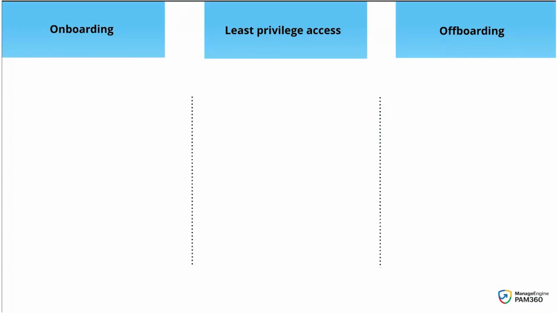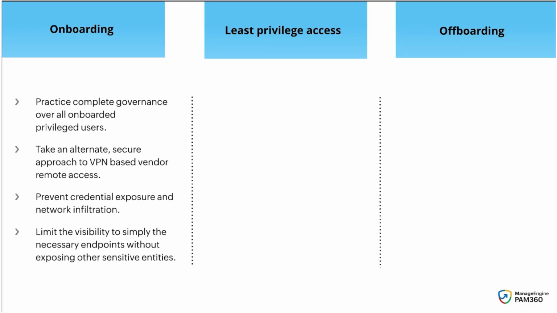And what you've achieved by performing these strategies of privileged access management, and hence creating an ideal employee access workflow, right? In terms of onboarding, we've now practiced complete governance over all onboarded privileged users, right? Right from the place of password sharing, right from the creation of a role for that particular user, you practice complete governance over the life cycle of onboarding of these privileged users, right?